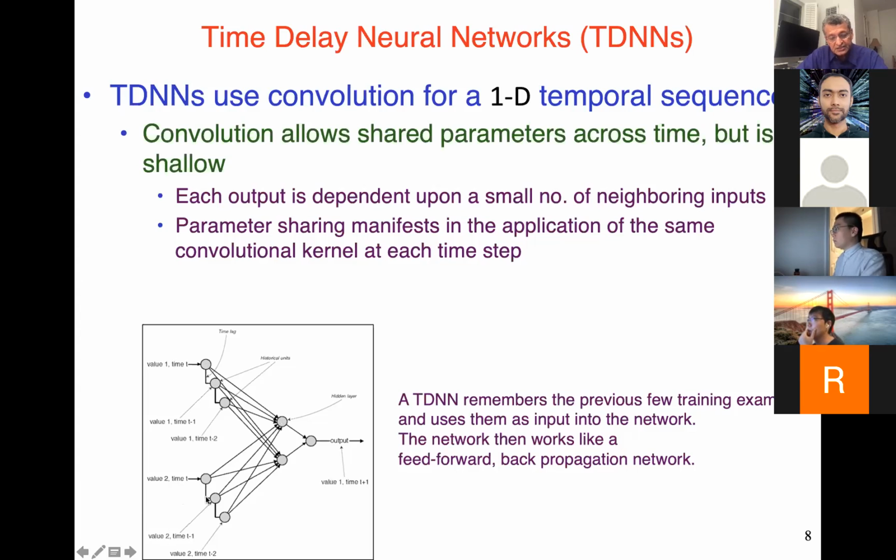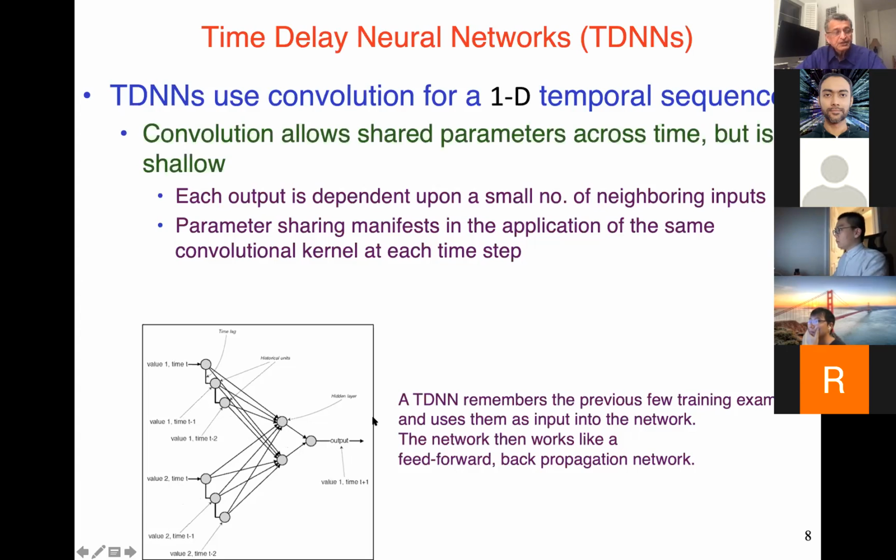Perhaps each of the value 1 could be a pixel or an element in the data. And we are remembering what was there at the previous time and the previous time to that. And we are processing how it has been changing, and then feeding all of them together to a hidden node, and so on, providing an output.